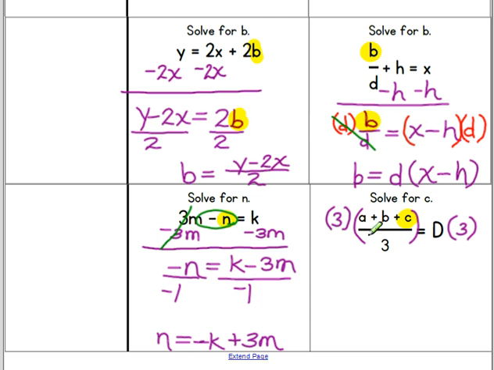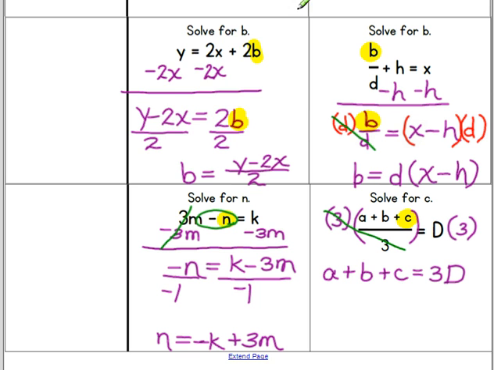And when we do that, that cancels out the 3 or eliminates that. So we are left with the entire numerator. So a plus b plus c is equal to d times 3, or 3d.